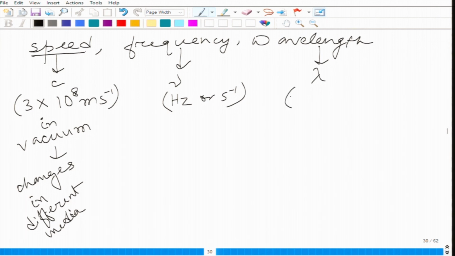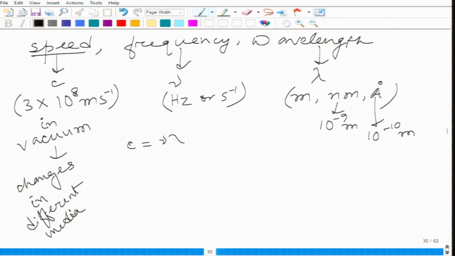The unit of lambda is meter, but generally it is written in nanometer and angstrom. Nanometer is 10 to the power minus 9 meters and angstrom is 10 to the power minus 10 meters. And the relation between these three factors is c equal to nu lambda.